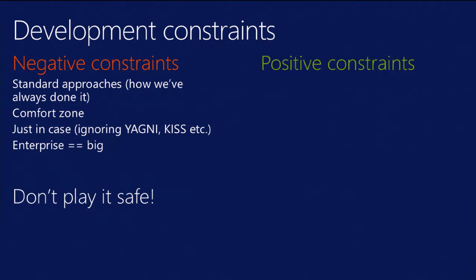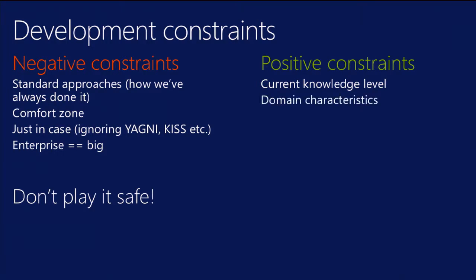Then there are positive constraints, which I think we need to not challenge. These are, for example, your current knowledge level. So if you know very little about something, a domain, then of course you should use solutions and approaches that are based on the fact that you know very little. Whereas if you know very much about the domain, then of course go ahead and use solutions according to that.